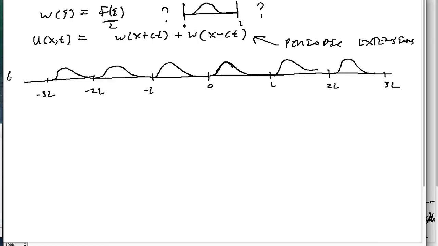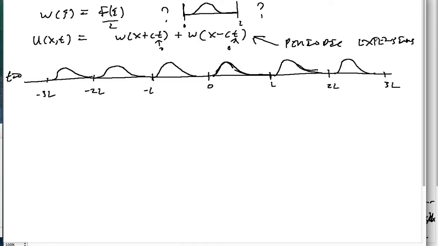All right, so this is for time equals 0. When time equals 0, you put a 0 in there and a 0 in there, and you're just going to get w plus w of x, and both of those are half f, so 2 halves make a whole, and you get exactly the initial condition that you wanted.